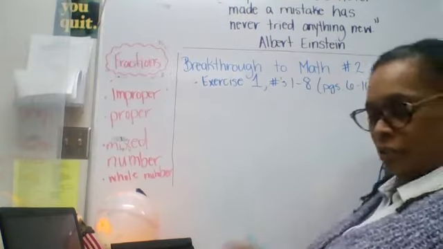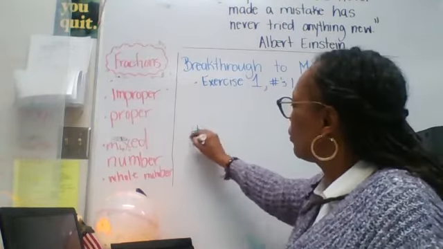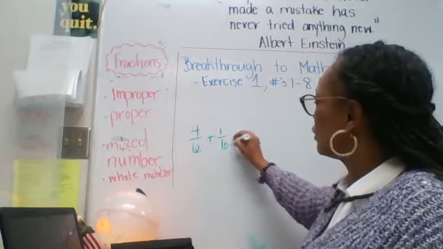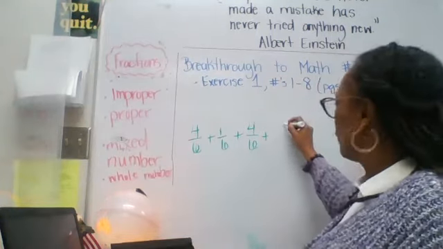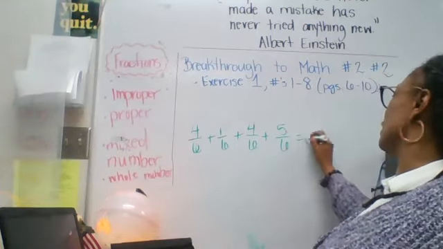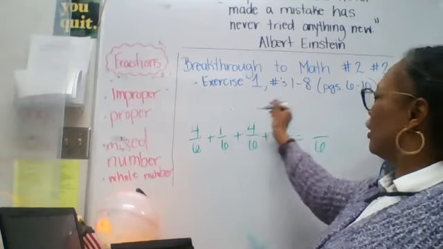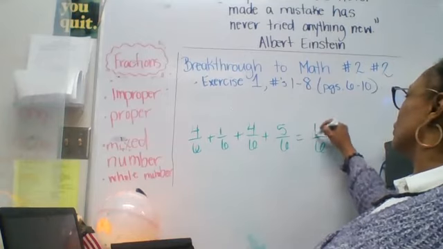Last 2. We're getting a little longer. 4 over 6 plus 1 over 6 plus 4 over 6 plus 5 over 6. Again, the denominator stays at 6. 4 plus 1 is 5, plus 4 is 9. 9 plus 5 is 14.